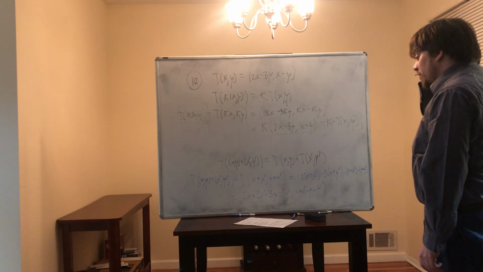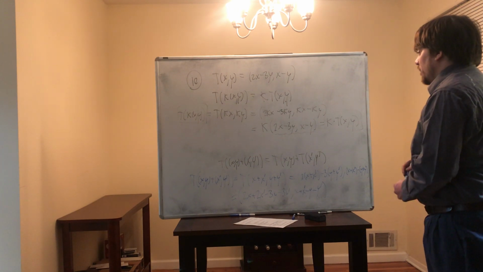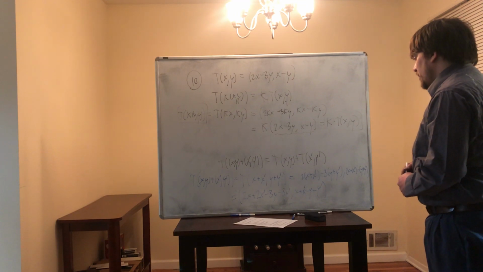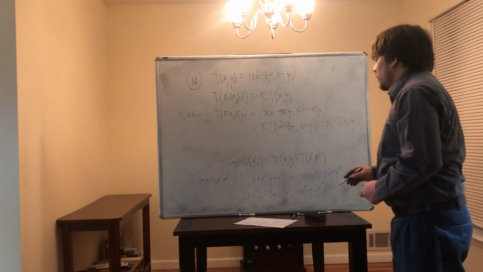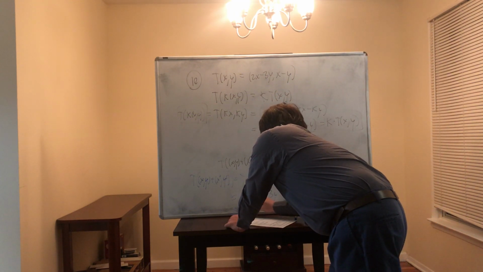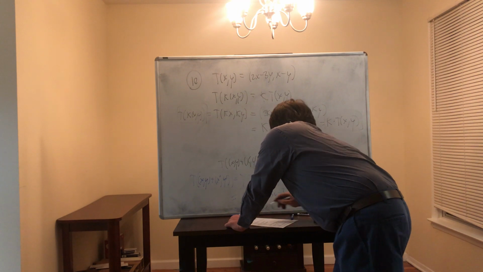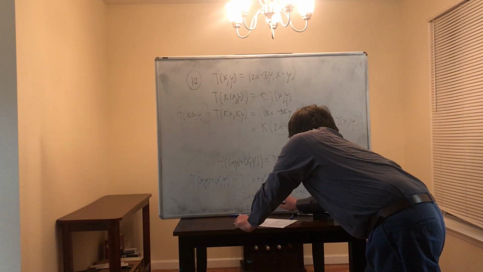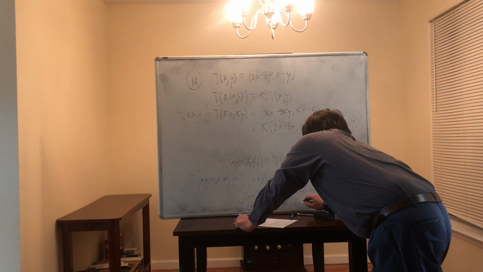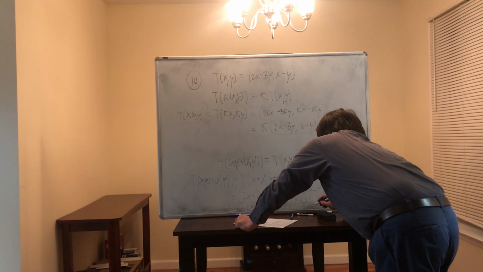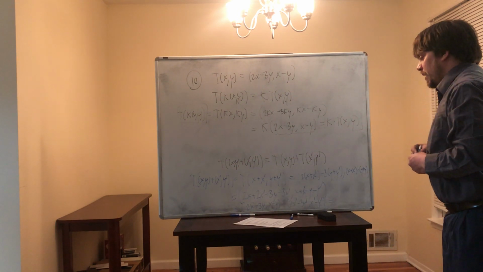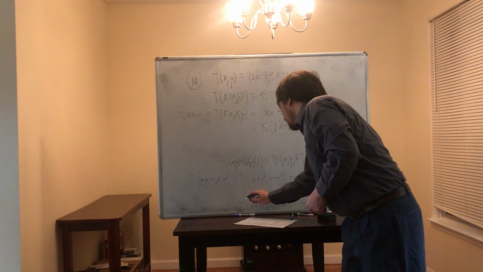Okay, well that is equal to, let me put this over here, (2x minus 3y, x minus y) plus (2x prime minus 3y prime, x prime minus y prime).